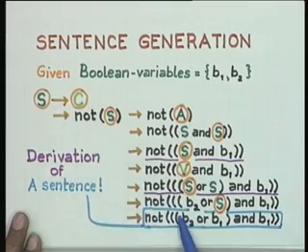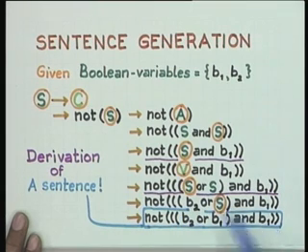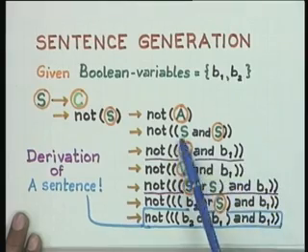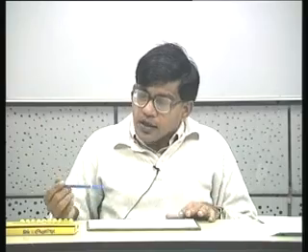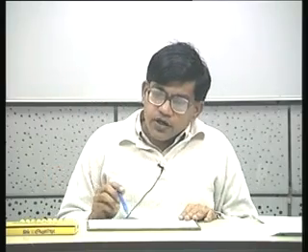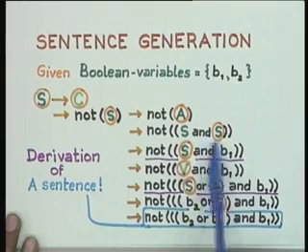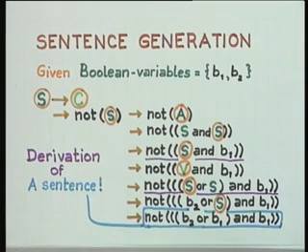So, there would be many such derivations of the same sentence, depending upon the order in which you have chosen to apply productions. In other words, whether you choose this or this, it really does not matter.